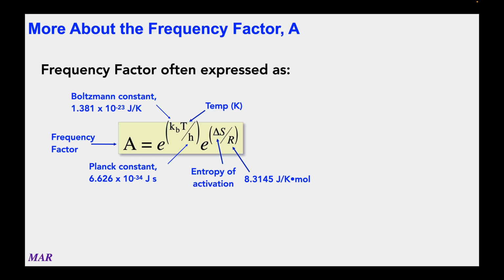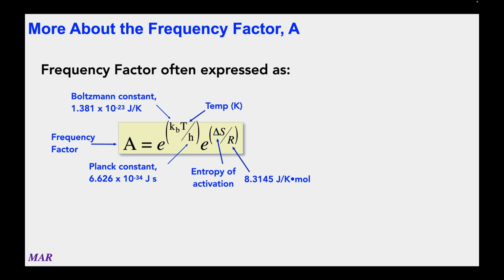There's something called the entropy of activation, which we're not going to talk about at all in this whole first year class. We will talk about entropy in Chem 223. But this is a way to find the entropy of activation, which is where they feel the frequency factor really kicks in. K sub B is the Boltzmann constant. That's the energy R constant, but per atom. So if you take 8.3145 and divide by Avogadro's number, that's the value you get there.